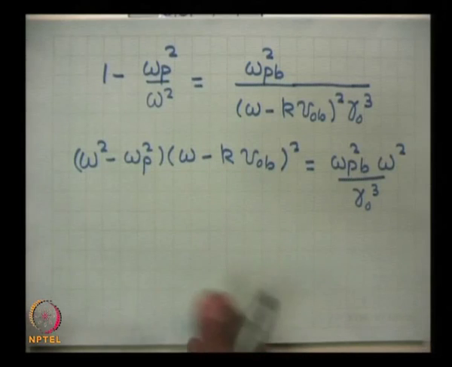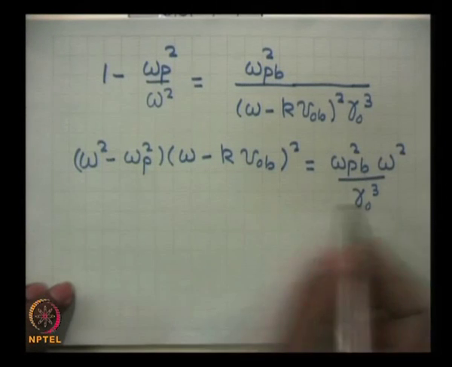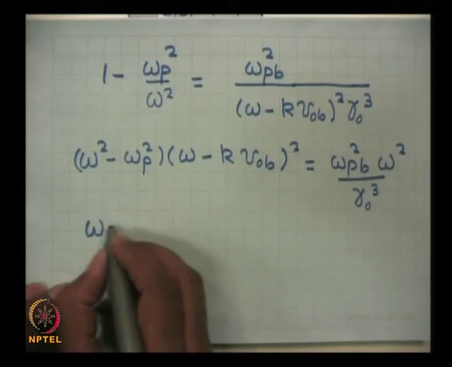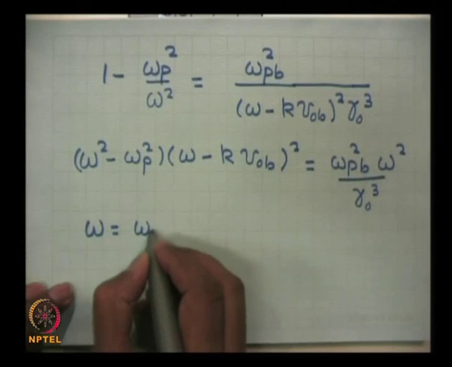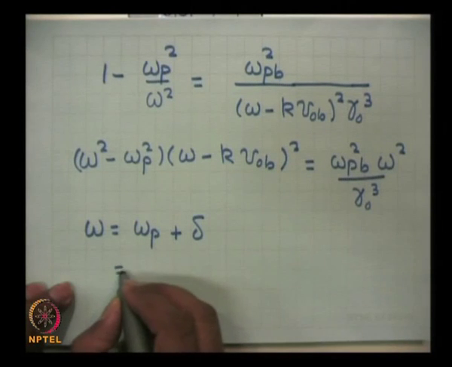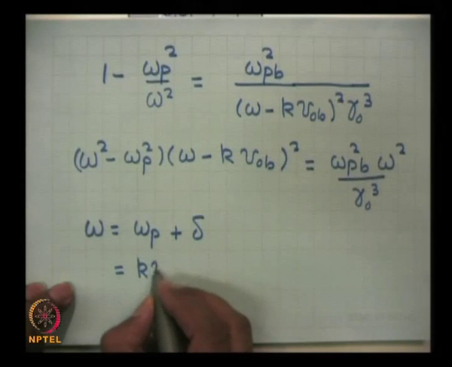and the growth rate that you obtain from here, just this factor is the additional factor. So what you get, omega we write as omega p plus delta, and choose omega p equal to k V0b.